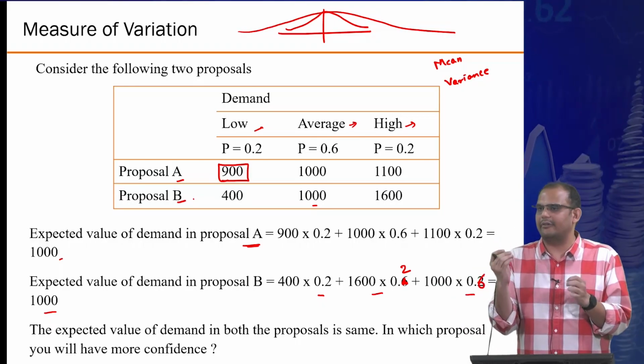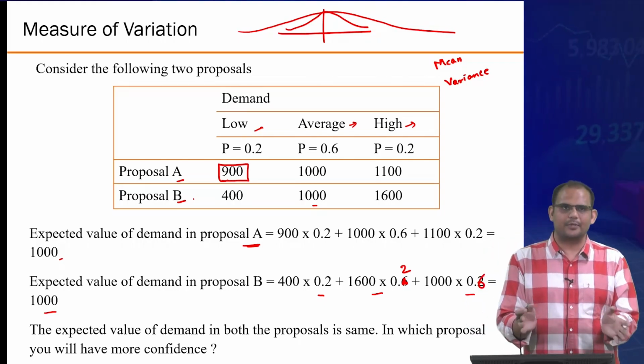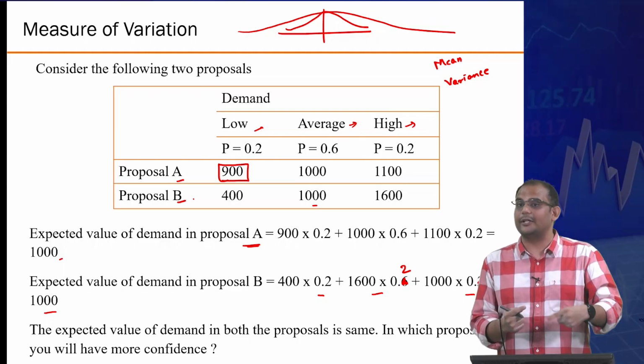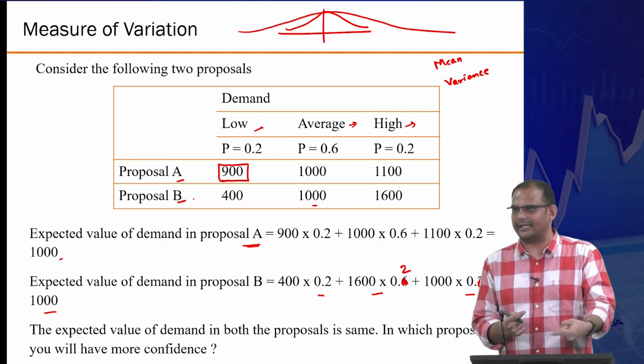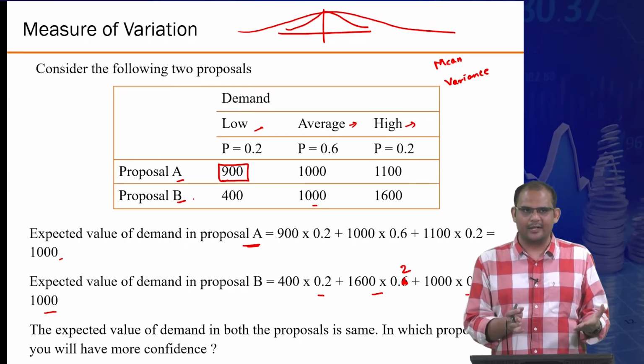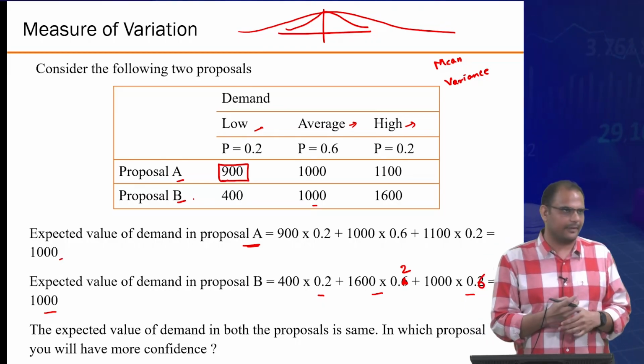I cannot have a good value that I can rely on, and therefore this whole proposal is not good for me. Again, as an investor, you need to decide whether you like the variation or you don't like the variation. There is no absolute about the variation being good or bad. It's on you whether you like to play with the variation or not.